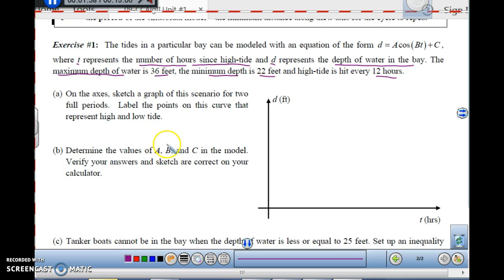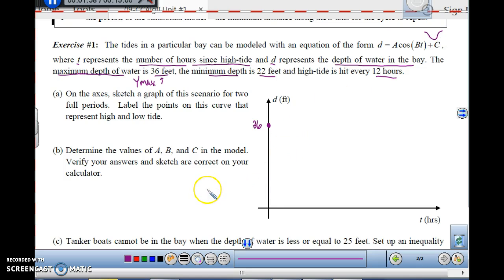Okay, so we're looking for the number of hours since high tide. At high tide, it would be the maximum depth. So this would be y max right here. This would be high tide. That's what you would start at. So you're starting at 36 feet, so I'll put 36 right here. Then it is going to go down in a cosine graph, so it's going to look something like this.